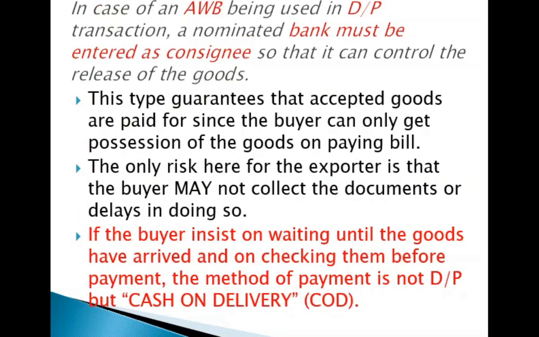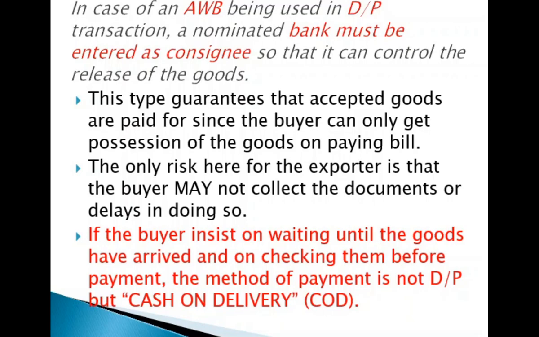In a case where an airway bill is being used in a document against payment transaction, a nominated bank must be entered as consignee so that it can control the release of the goods. This type guarantees that goods accepted are paid for, since the buyer can only get possession of the goods on paying the bill.